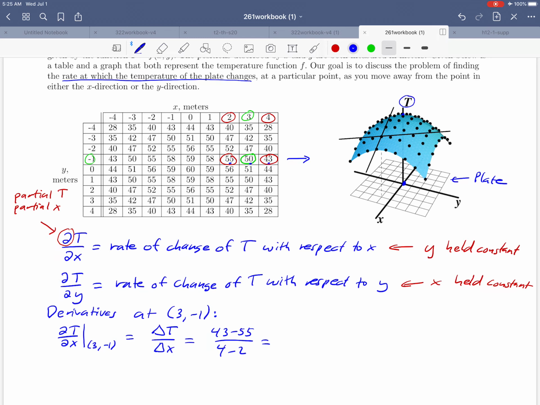-6, it looks like. And then the question is, what units would we have here? Well, you can answer that question by asking what are the units in the numerator and the denominator. We're talking about temperature on the top and position on the bottom, so we're going to get degrees Celsius per meter.